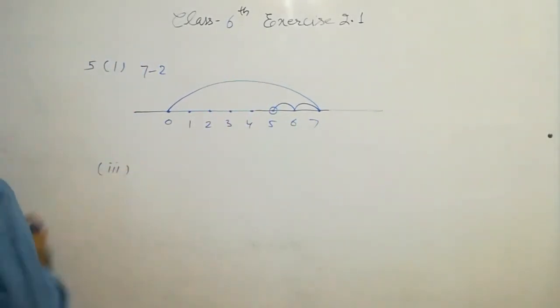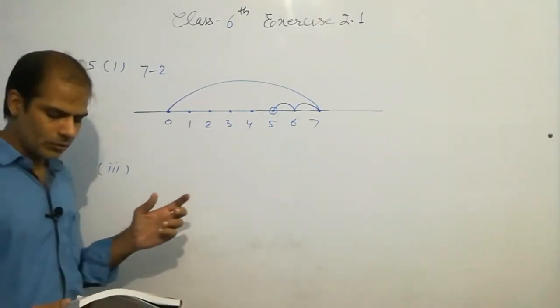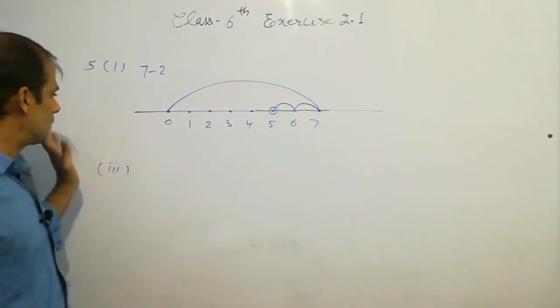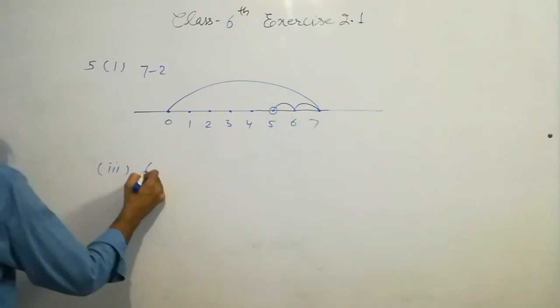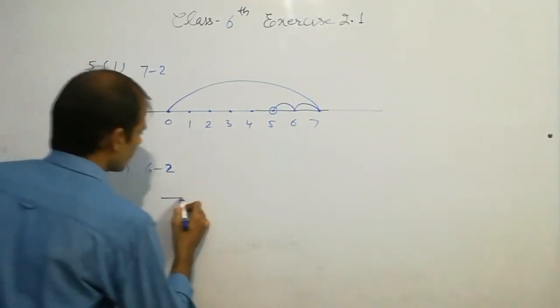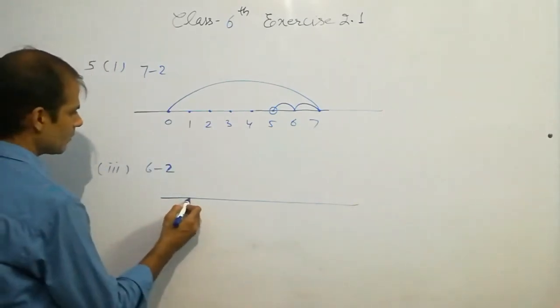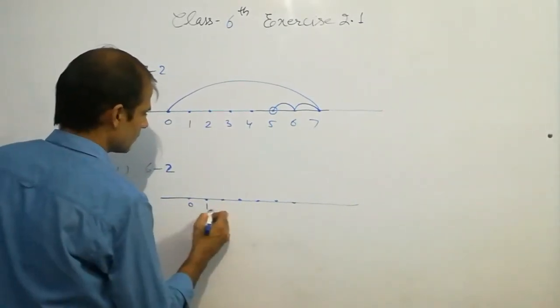And I solve the third part. In this question I am not going to solve the second part because this will be part of your homework. It is 6 minus 2. Again it's very simple. So draw number line 0 1 2 3 4 5 6.